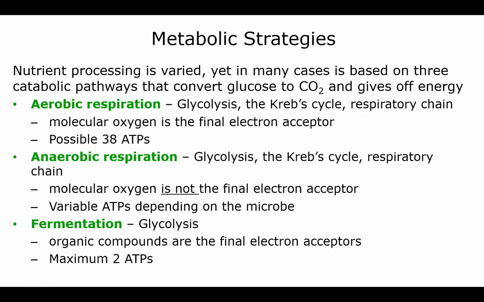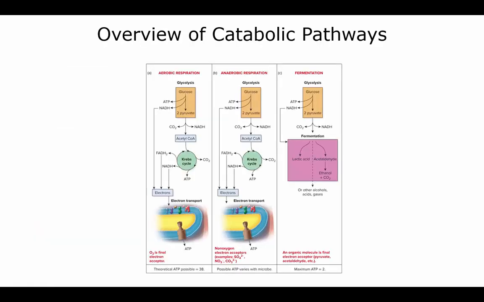The downfall of fermentation is that it's only able to produce 2 molecules of ATP, which is typically not enough to sustain life, but it does give you a rapid burst of energy when there is no oxygen available and you're just trying to quickly generate ATP. Again, if you look in your book, you'll see this on page 237, highlighting what's going on in these three options of catabolic pathways.